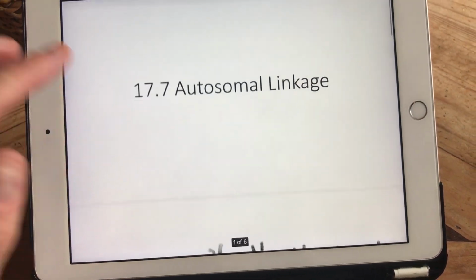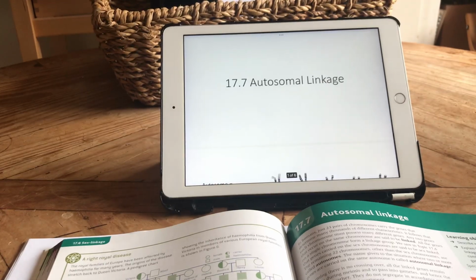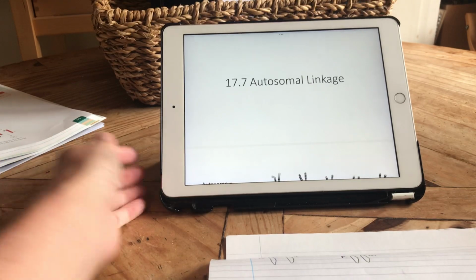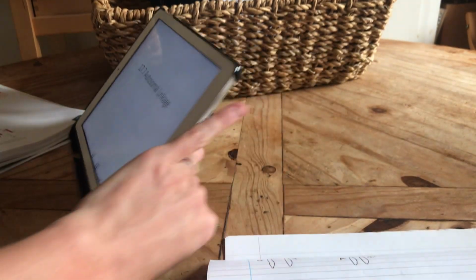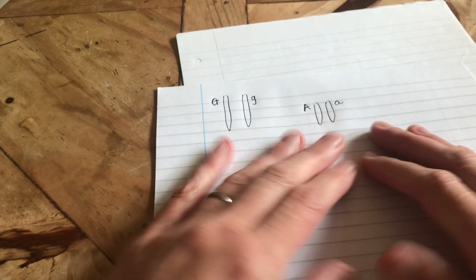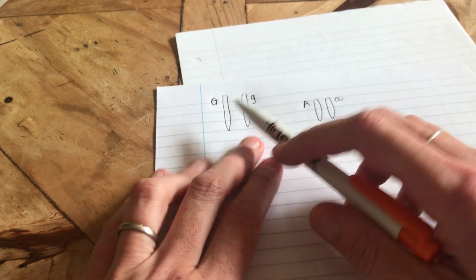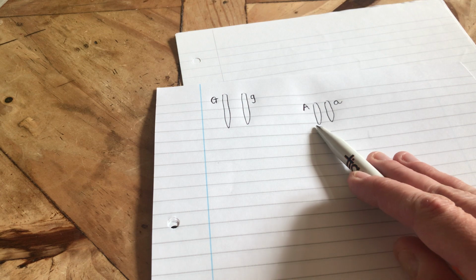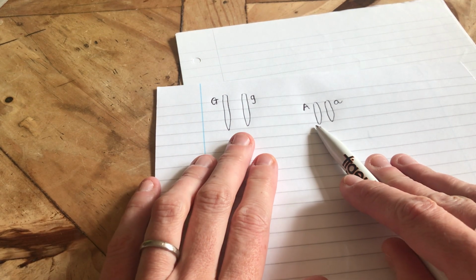Okay, so just before we start autosomal linkage, I'm going to cast your mind back to dihybrid crosses. Let's get rid of those. I'm going to get rid of this title so it doesn't confuse you, because I'm just looking at dihybrid for a second again. So let's imagine, because this will be a useful recap for us, that we've got two pairs of chromosomes. We know in our bodies we've got 23 pairs of chromosomes.